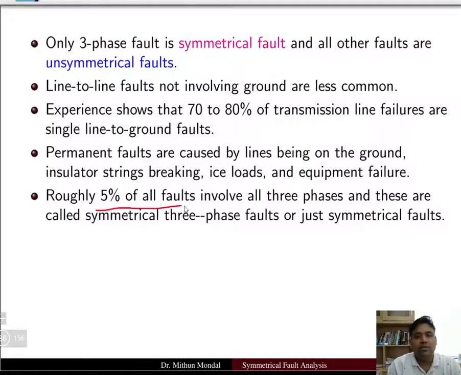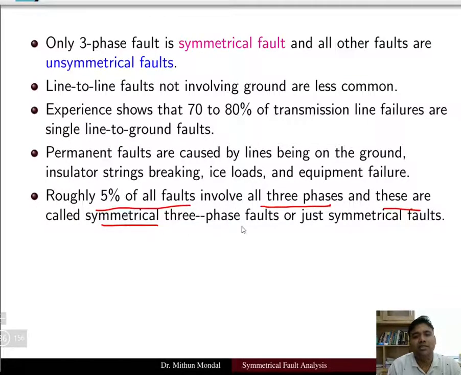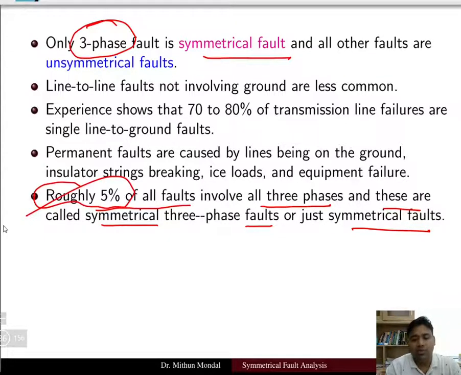Roughly 5% of all faults involve all the three phases, and these are called symmetrical three-phase faults or just symmetrical faults. So whenever all the three phases are involved, it is known as a symmetrical fault, and they are roughly around 5% of all the faults.